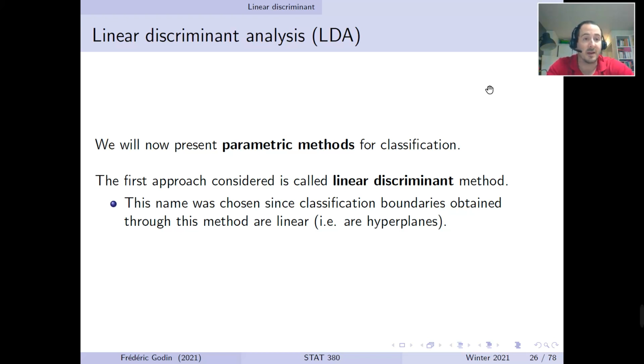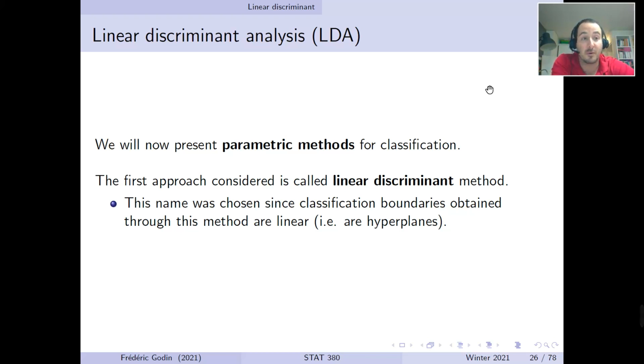To make a classification, we basically look at surrounding neighbors and pick the class which is the most likely. So k-nearest neighbors is a very simple method, which is non-parametric. But now in this video, we will start introducing parametric methods for classification.